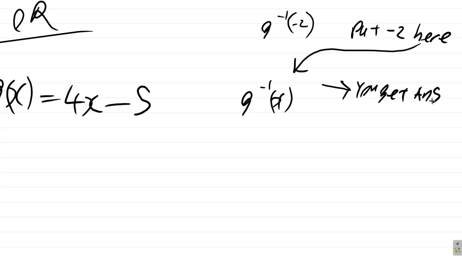Now, the inverse and the function undo what each other did. So if you have the function, put a number in it, you get an answer. If you put the answer into the inverse, you get back a number. Right? See that?